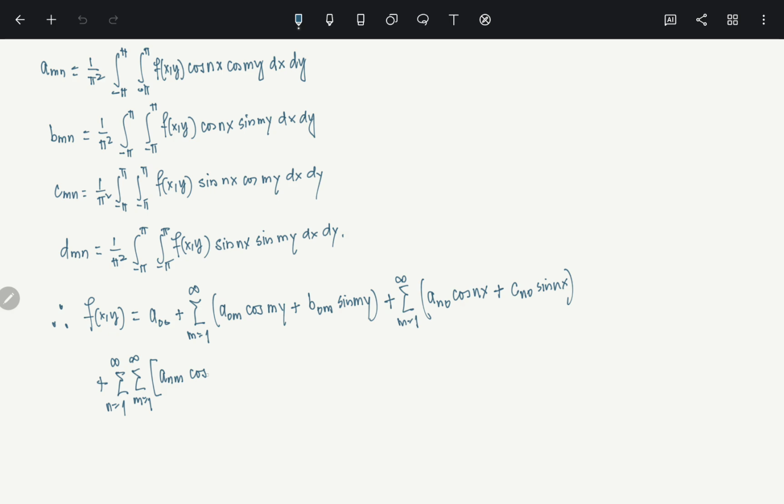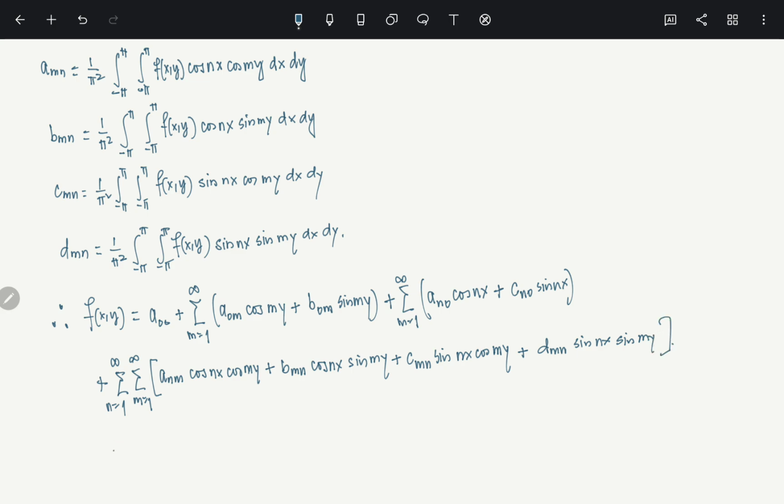So let me write it this way: cosine nx cosine my plus Bmn cosine nx sine my, plus Cmn sine nx cosine my plus Dmn sine nx sine my. It's a little complicated, so please bear with me. This is the whole thing.